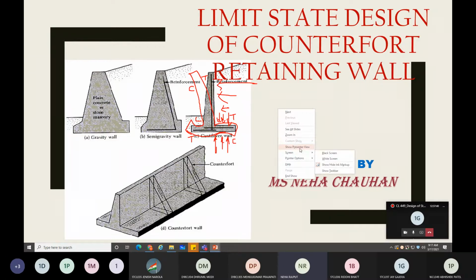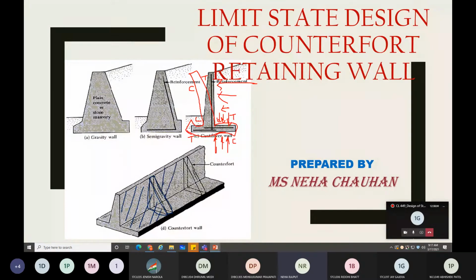Now coming to the counterfort retaining wall. This counterfort retaining wall has backfill at this side. All this heel portion has the backfill. Then this is the beam, this is the counterfort member, and again the backfill is over here.